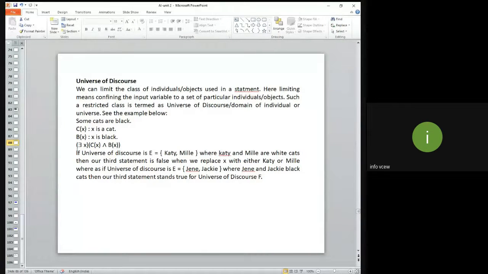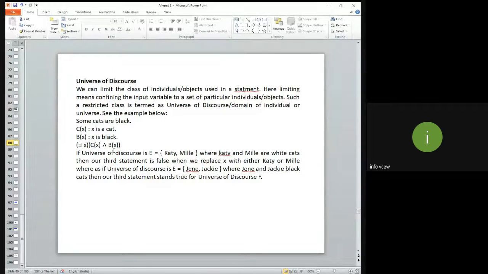So then you are forming one statement, that is, existential of x, the whole bracket is C of x intersection B of x. Here we have taken one statement, that is, Catty and Millie are the white cats. Now in the statement, what about the E of x, C of x intersection B of x?